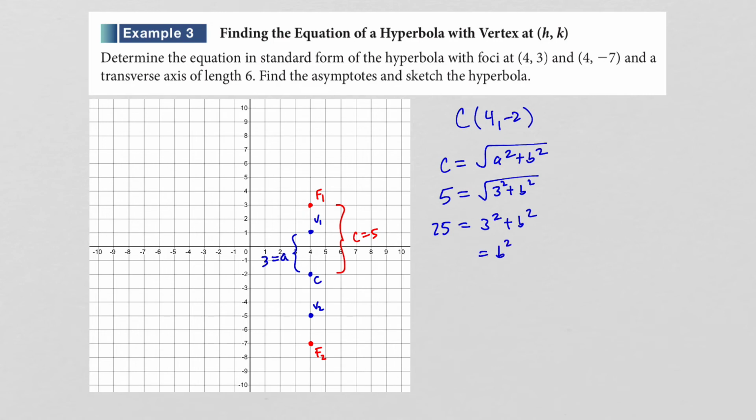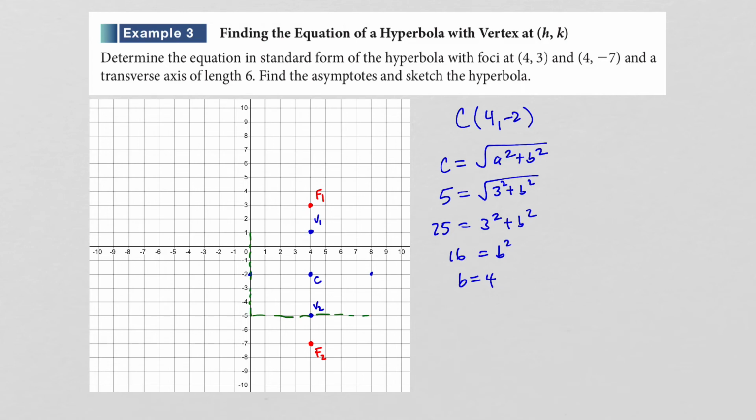This means that b squared is 16, therefore b is equal to 4. All right, so now if I want to sketch the graph of this thing, we know that from the center we have to go 4 units to the right and 4 units to the left because that is the value of b. And then once you have those 4 points, you can sketch your box.